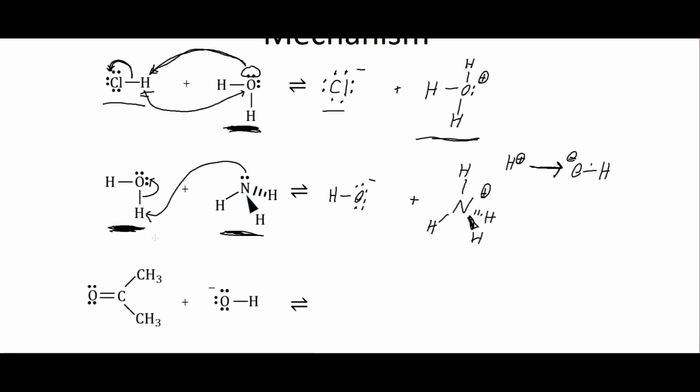So something acting as an acid or a base is context dependent, and it has to do with whether we're adding something that's a stronger acid or a stronger base. So they're relative to each other. Relative to water, this HCl here is a strong acid, and so the water will act as a base.